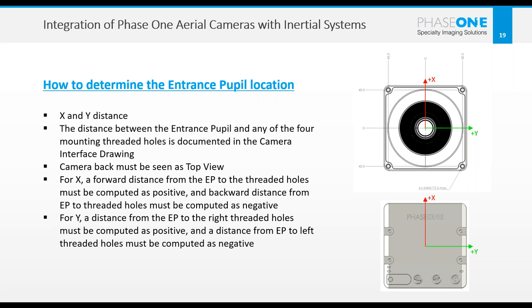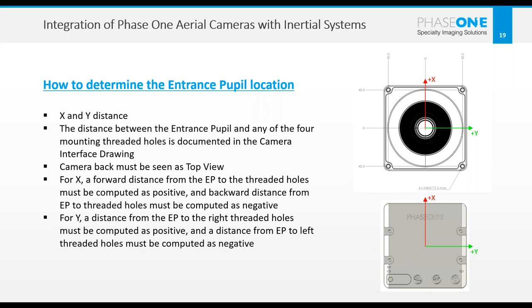to the mount holes. Okay, so in this case, as we see the back of the camera, any distance from the entrance pupil in the forward direction, or in our view, up, would be positive.